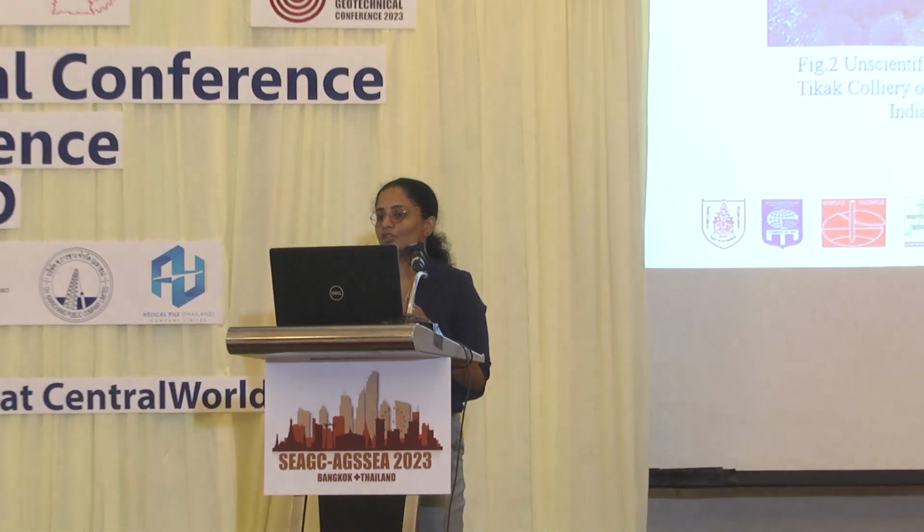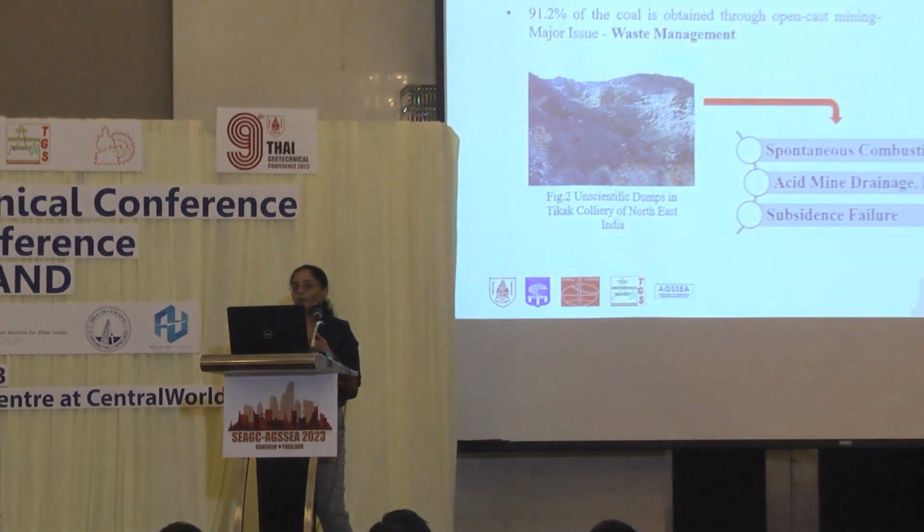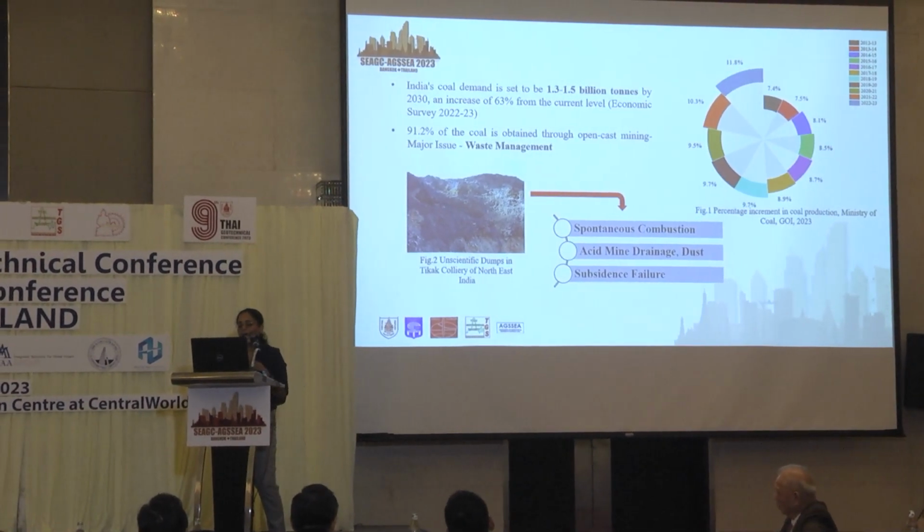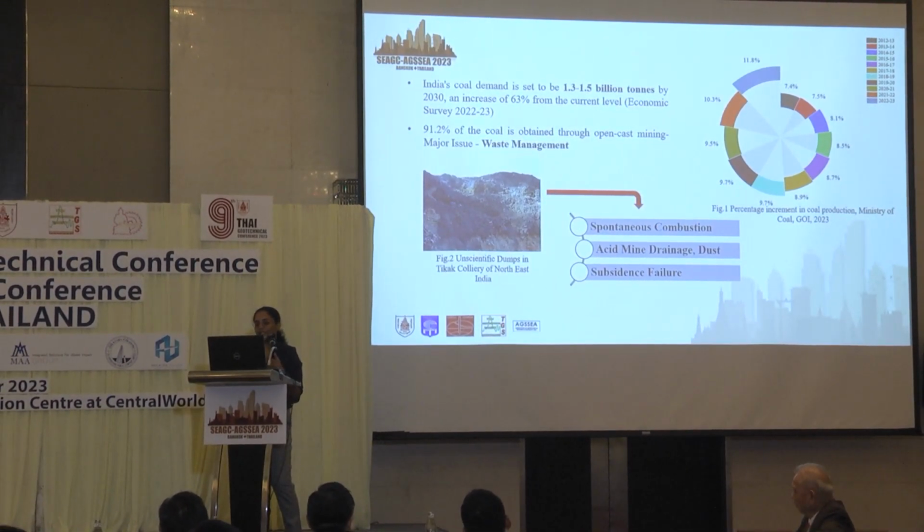Without coal mining activity also, acid mine drainage can occur, but because of the mining activity, more sulfide minerals will be exposed to the environment. As a result, there will be an acceleration in the acid mine drainage. Whenever the sulfide minerals come in contact with air as well as water, they undergo oxidation, resulting in the formation of sulfuric acid.